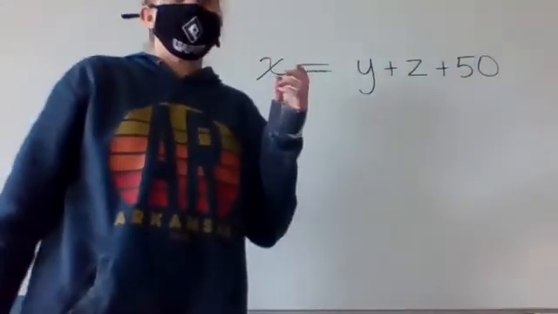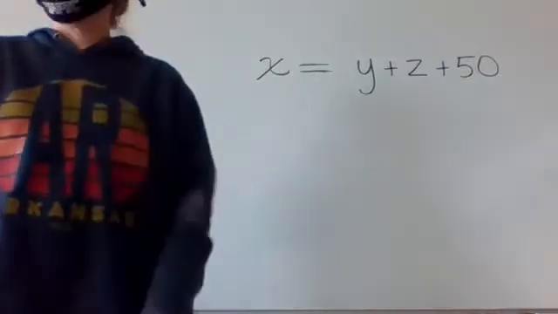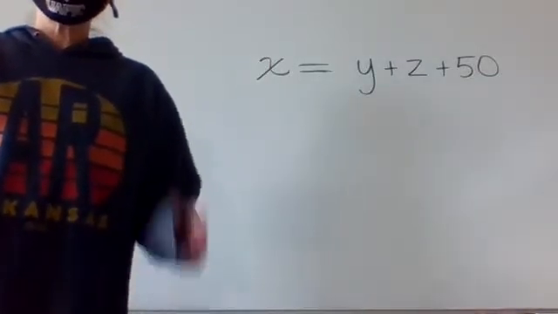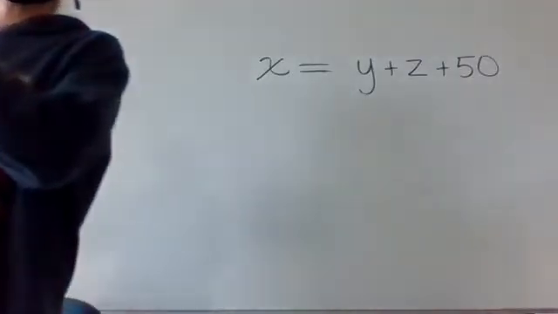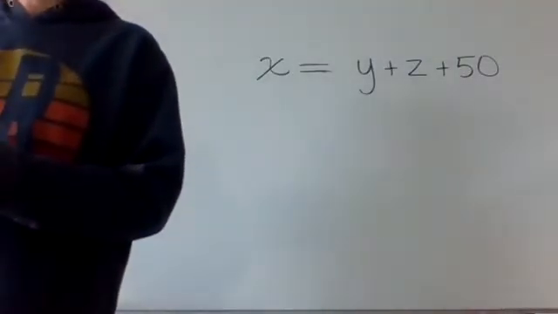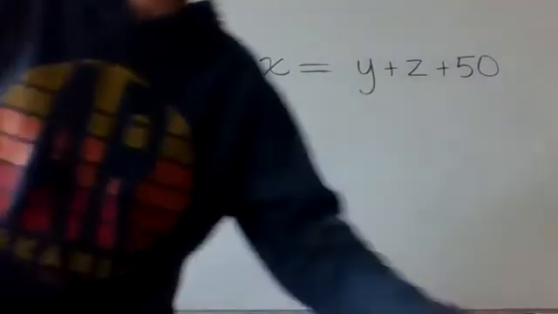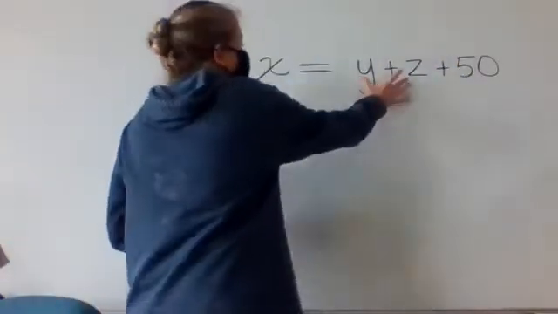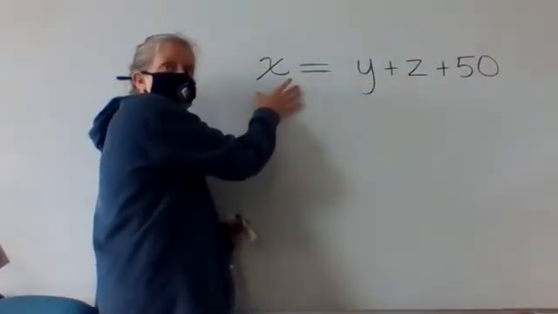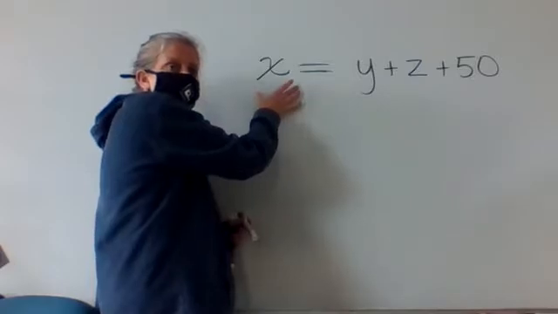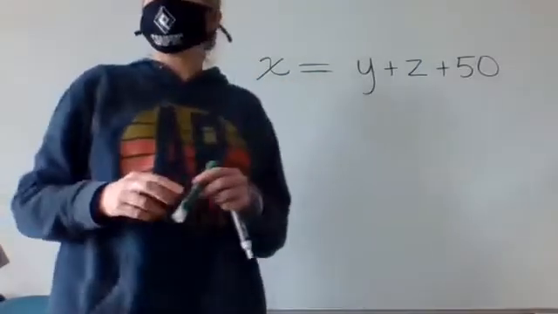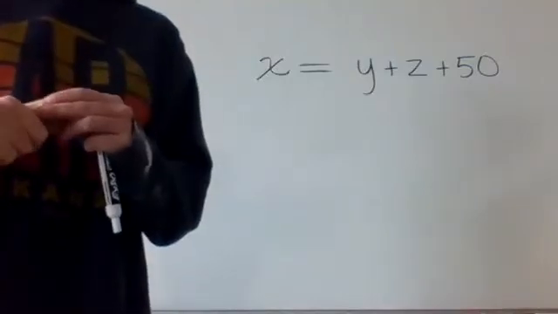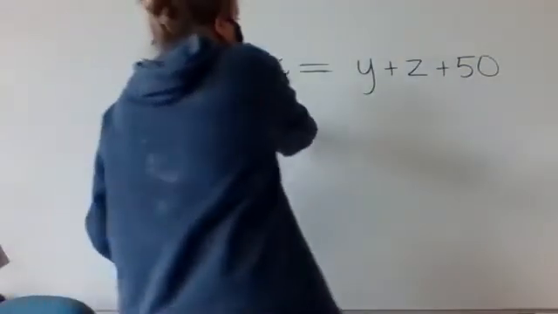Now, this is a multiple choice problem, and all the answers have the x, y, and z on the left side of the equal symbol. That means from what I have written up here, I need to move the y and the z to this side, because that's how the answers are all given to us, with all the x, y's, and z's over here.